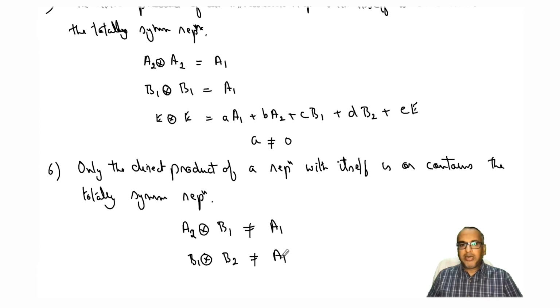So the totally symmetric representation will only come as a result if the direct product is of a representation with itself. Otherwise, it will never come. So basically, it's the opposite of this. Fifth and sixth are the same thing put in different words, right? So that makes the calculation of direct products a little easier.